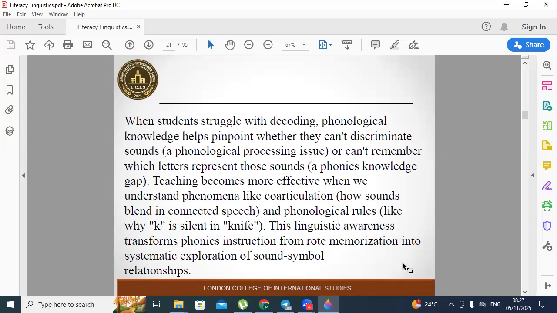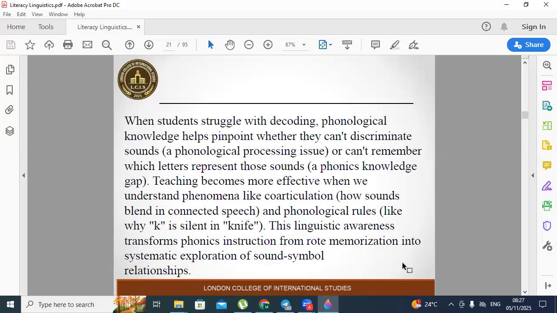This might involve rhyming games, sound matching activities, and phoneme segmentation practice. Oral activities with no print involved initially. Only after they can reliably hear and manipulate sounds should we connect those sounds to letters.